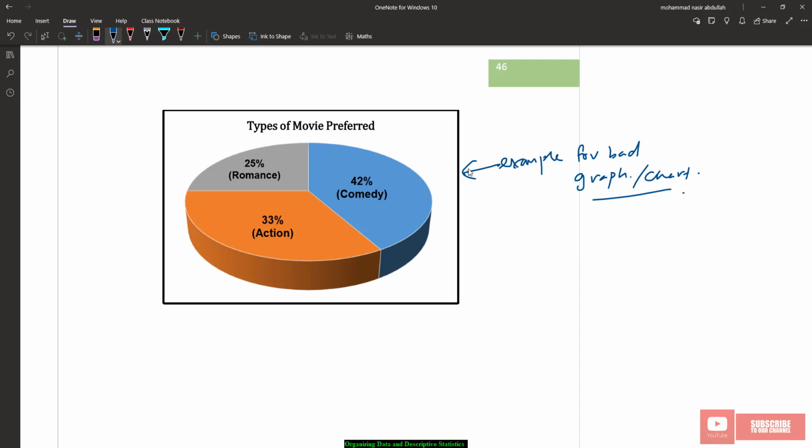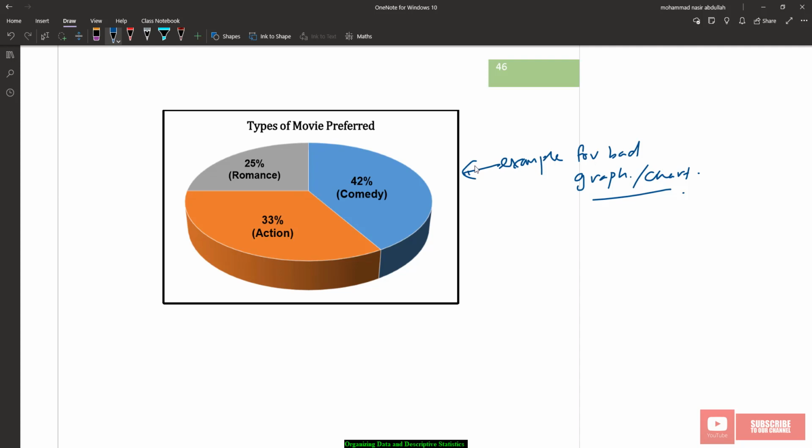It should always be 2D format. If you want to do whatever you like on your own website, okay, no worries. But for presenting results or charts, always use 2D format. So this is a 3D format, it's not correct.